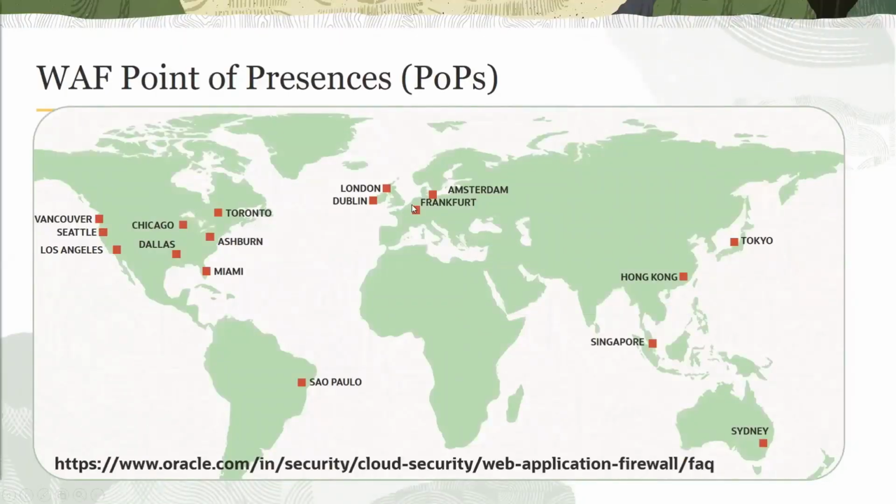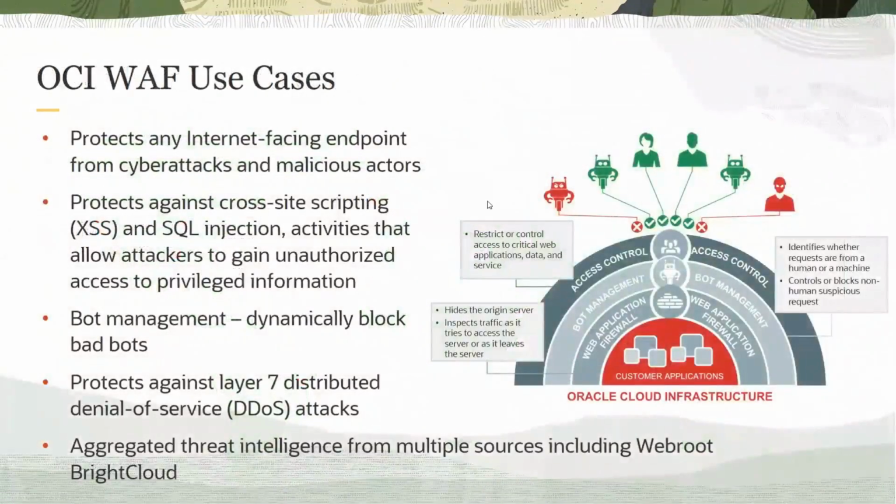So the use cases for the OCI Web Application Firewall: it also provides aggregated threat intelligence from multiple sources, including WebRoot and BrightCloud. Onboarding your application to the Oracle Cloud Infrastructure Web Application Firewall will protect against Layer 7 distributed denial of service, or DDoS, attacks.